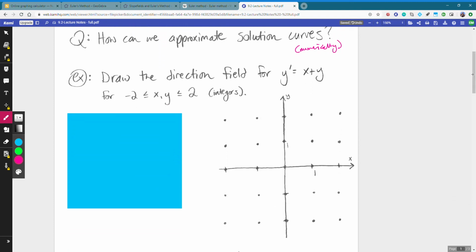So here I have a grid set up from -2 to 2, just with the integer value points. Let's take a moment and let's sketch onto these points the line segments and get a little picture of the direction field for this differential equation here. Pause the video and take a minute and see what we end up with.